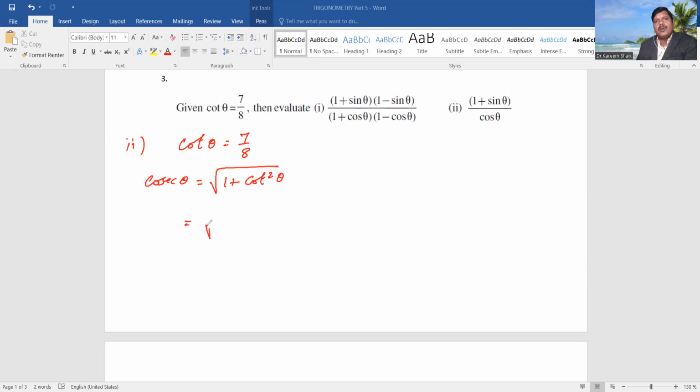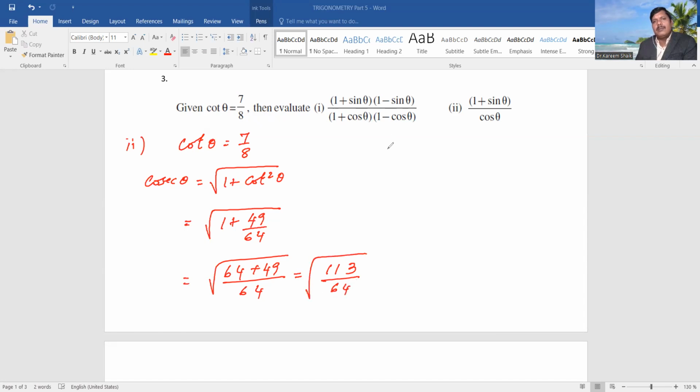That equals square root of 1 plus 49 upon 64. This is nothing but (64 plus 49) upon 64. 64 plus 49: 4 plus 9 is 13, 1 is carried forward, 6 plus 4 is 10, 10 plus 1 is 11. So 113 upon 64 under the square root.